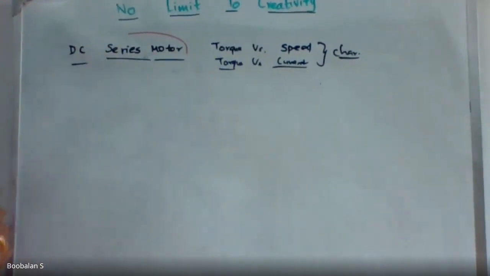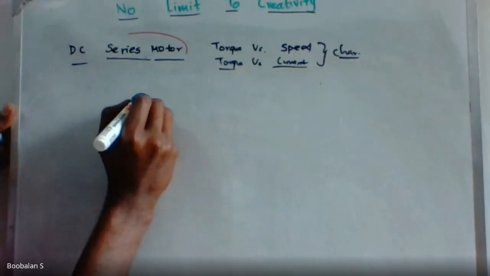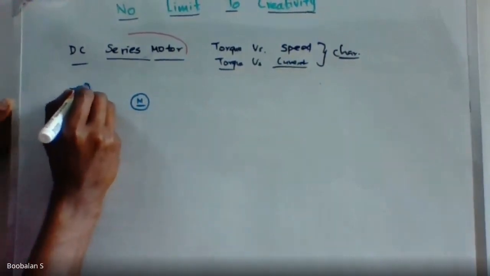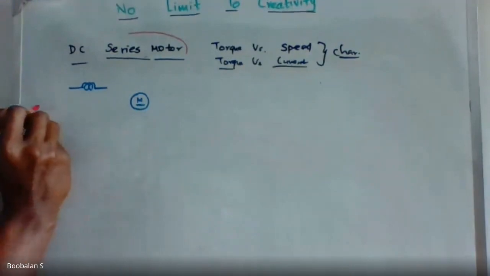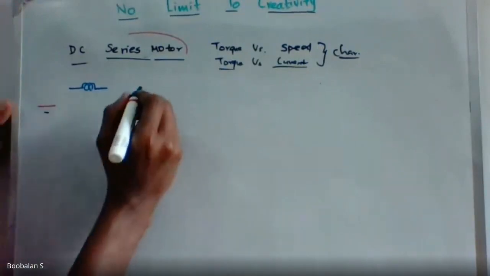Before entering into the series motor, we need to draw the DC series motor spec and equivalent circuit diagram. So I'm going to draw the series motor and battery source. Are both connected in parallel or in series? If it is a series motor, both are connected in series.